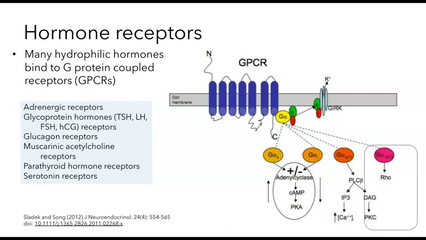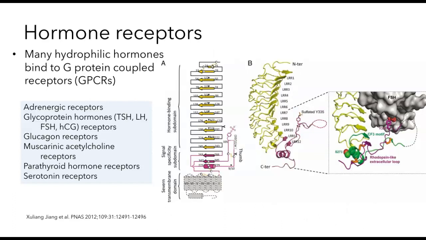Still other G proteins act through the G-alpha 12-13 class. And sometimes the beta and the gamma subunits can go off and have their own action. So different kinds of hormones can turn on different effects in different cells depending on what the GPCRs are coupled to. You should also know that there's a lot of variation in what the GPCRs themselves look like.